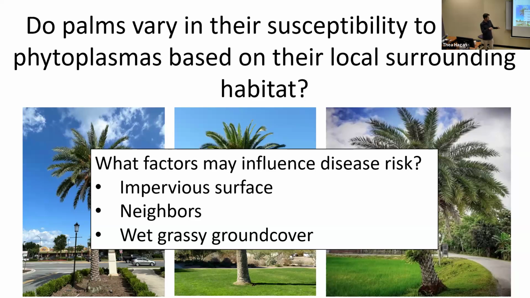We know that impervious surface influences several things, like I've shown. We would predict that neighbors also may influence a palm's risk. So is that palm obstructed? Is it as accessible to a flying insect? Are there neighbor interactions? And we know the nymphs thrive in wet grassy ground cover. So if a palm is near a wet grassy ground cover area, is that going to have a higher risk of infection?